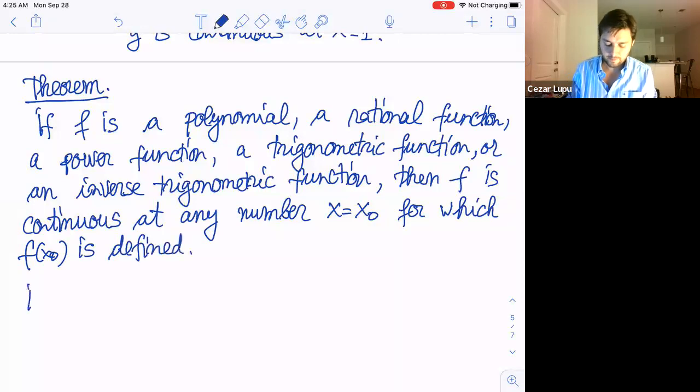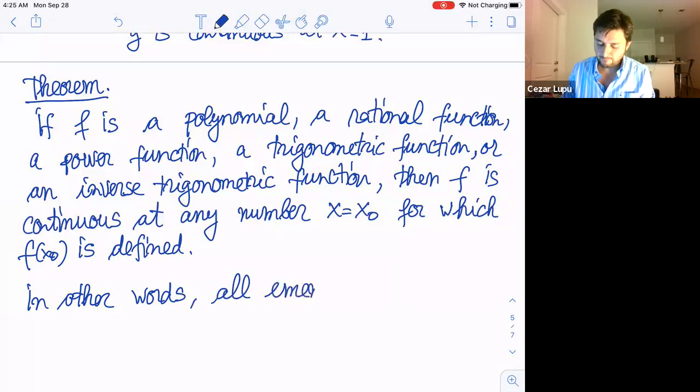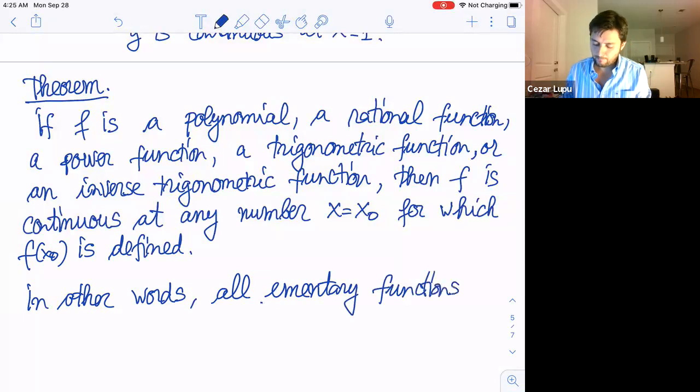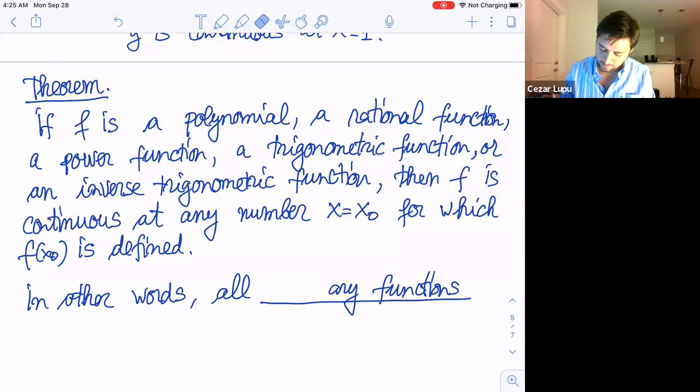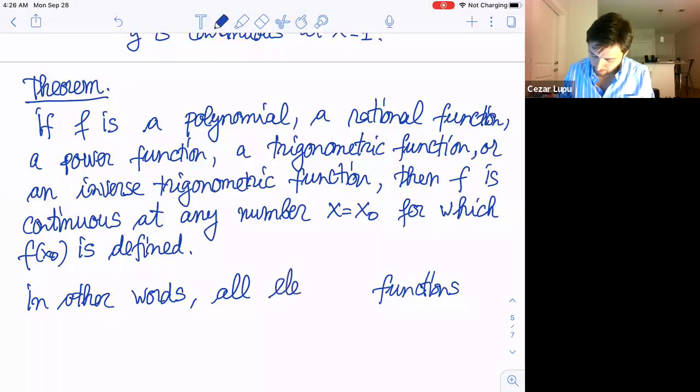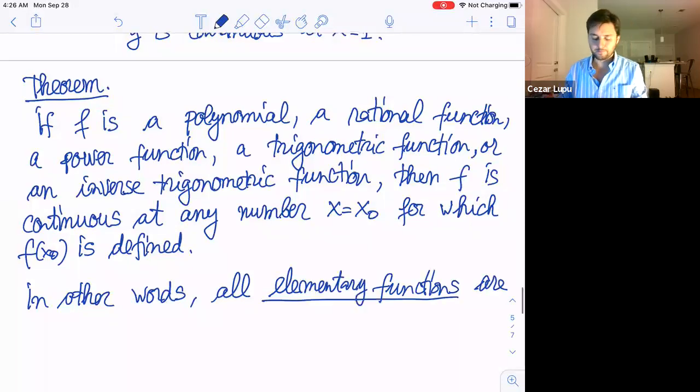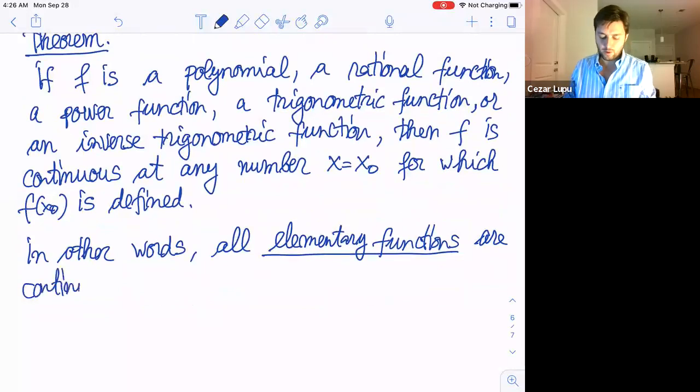In other words, all elementary functions are continuous. All right, so keep this in mind. This is what you have to know, that all elementary functions are continuous. So that's basically what we just stated.